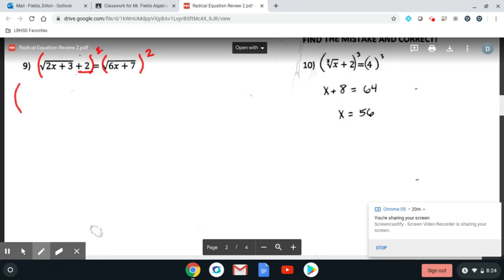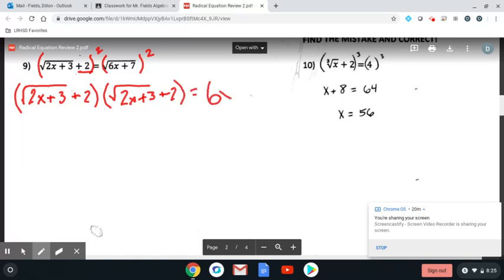So I'm actually going to write this out twice. So I'm going to have the square root of 2x plus 3 plus 2 times the square root of 2x plus 3 plus 2. And when I square that right side, that's just going to give me a 6x plus 7.